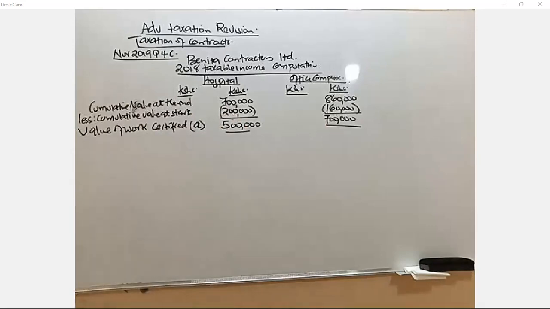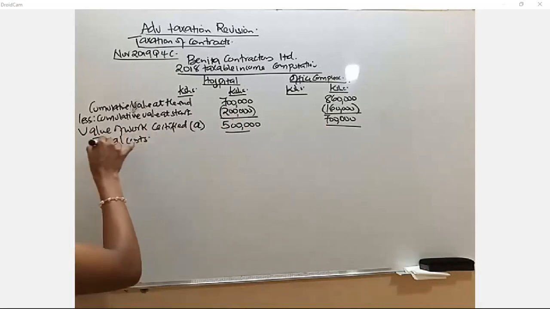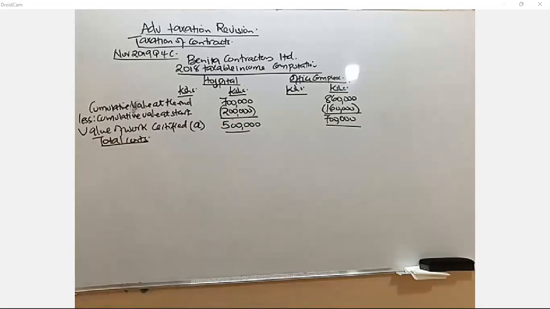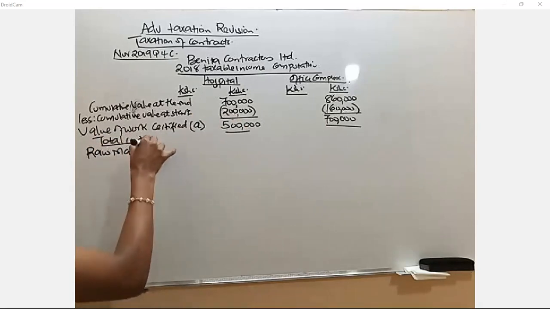Then let us get our total costs. How much will be the total cost? I just want to start with the raw materials because I can see they are the first thing on the opening balances. Anything regarding the raw materials, we have to be doing it fast.